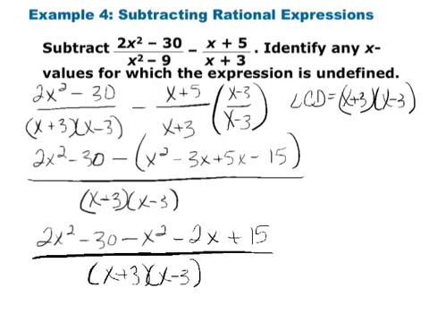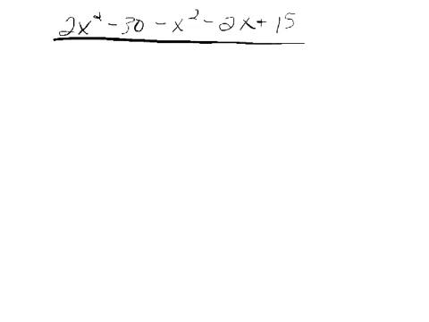Okay, I need more space, so let me change pages and I'll move on. I was left with, from the last page, 2x squared minus 30 minus x squared minus 2x plus 15 all over x minus 3, x plus 3.